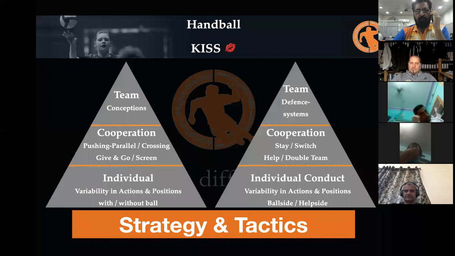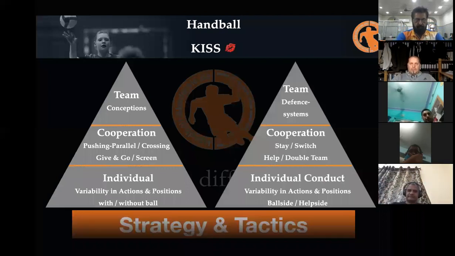So this is the structure of strategy and tactics we have in our game on the one and on the other side. And this is something which, from my point of view, is very simple and smart to remember: always this triangle, this pyramid we have for attack and for defense.